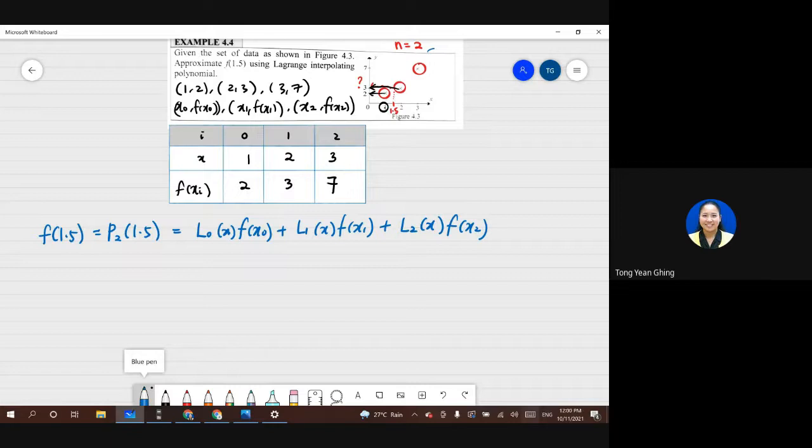Okay, this Lagrange interpolation. So now start with this one.